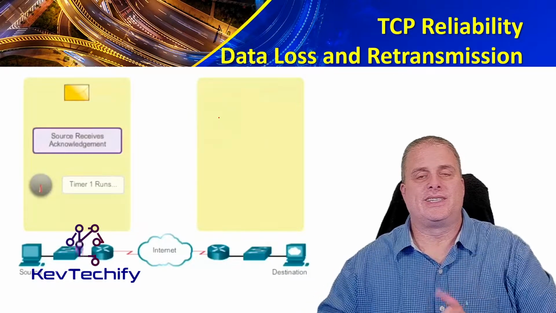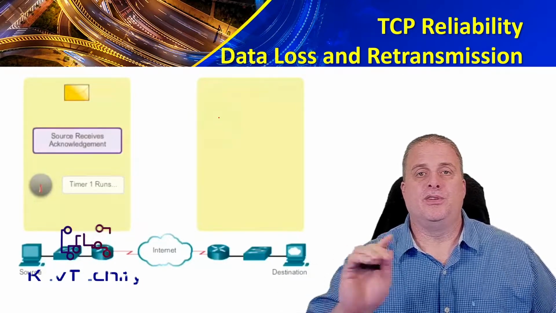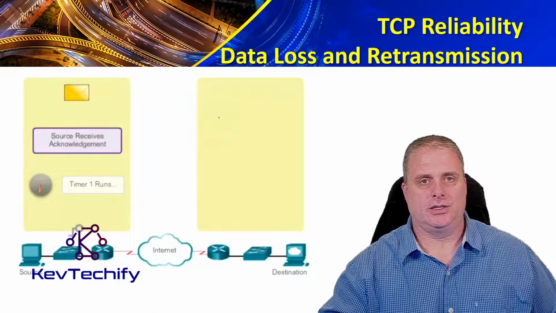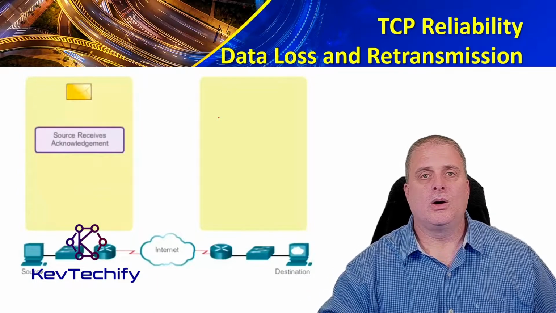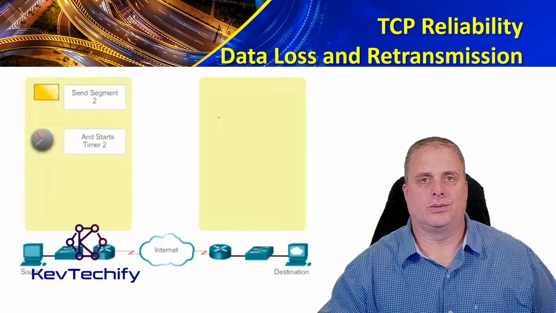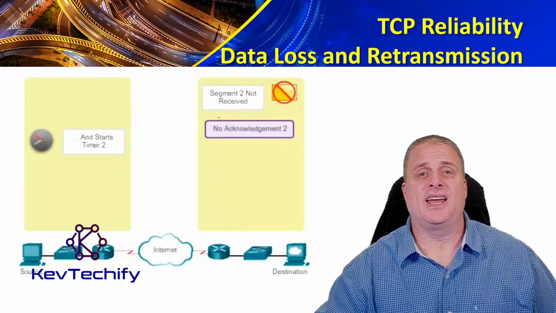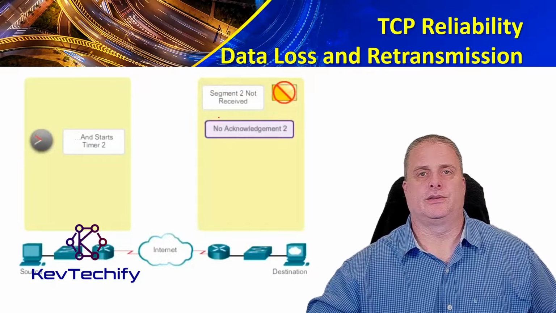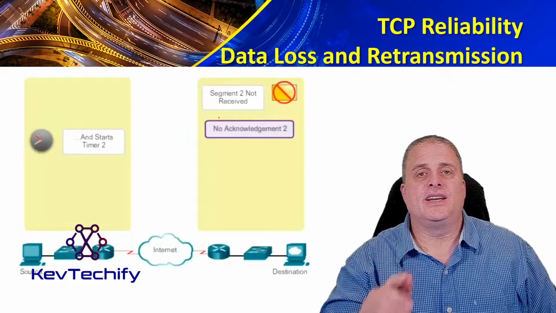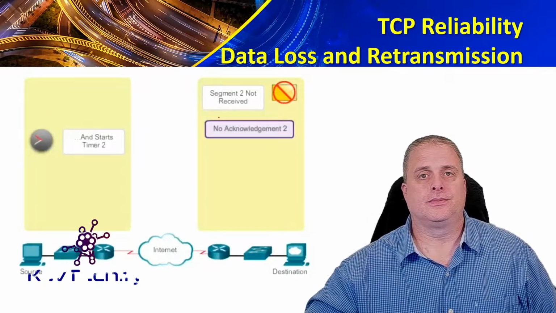The source receives that acknowledgement before that timer expires, and now it can send segment 2. Segment 2 is sent, but it is not received. And it's going to wait to get an acknowledgement for segment 2.